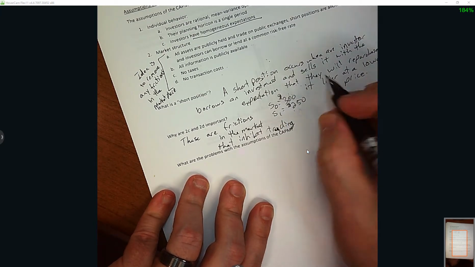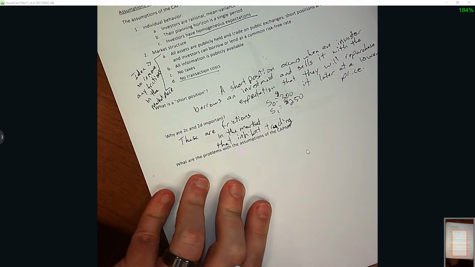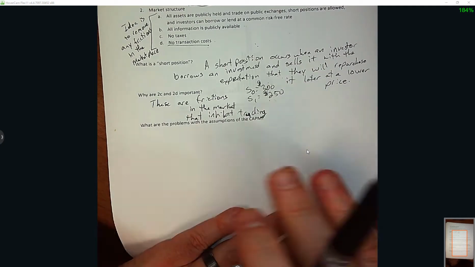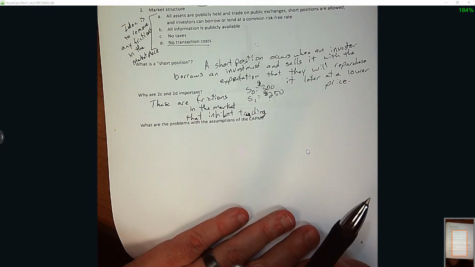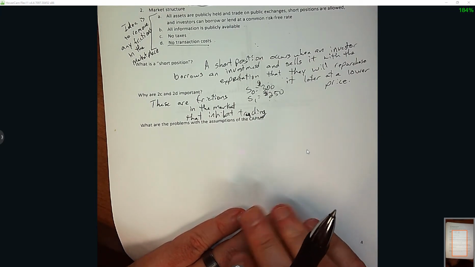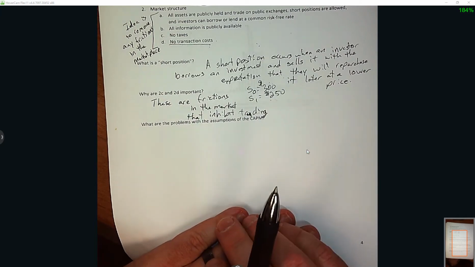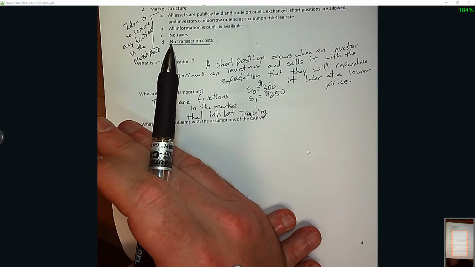And as these fall, especially as transaction costs have declined significantly over time, the market becomes, and we'll use this term more in the future, more efficient. Prices react more quickly and more accurately to new information whenever we get rid of frictions in the marketplace.